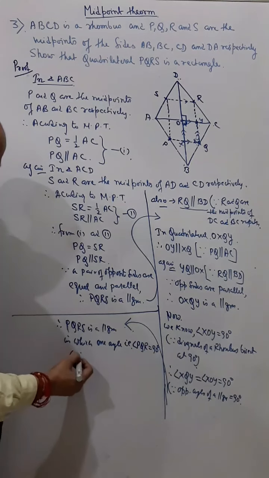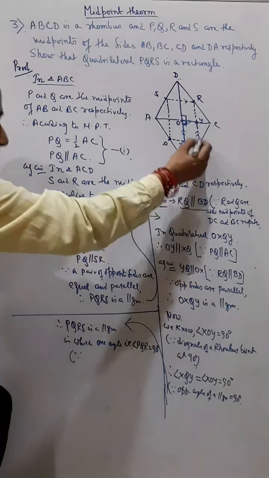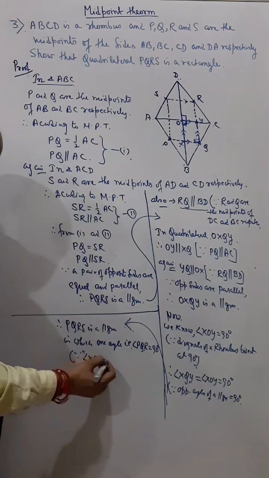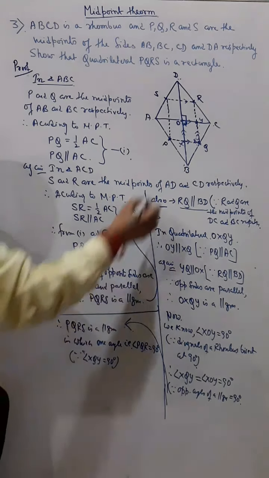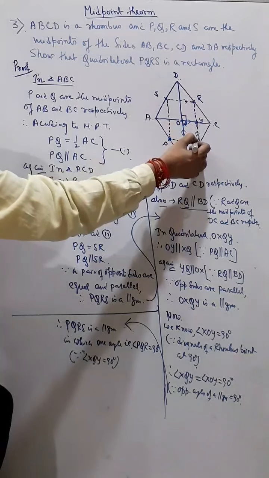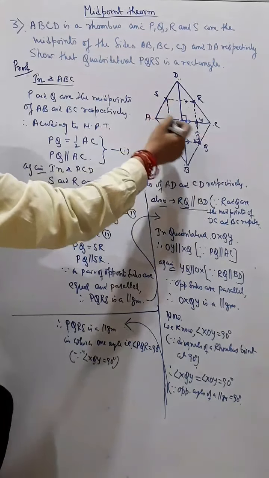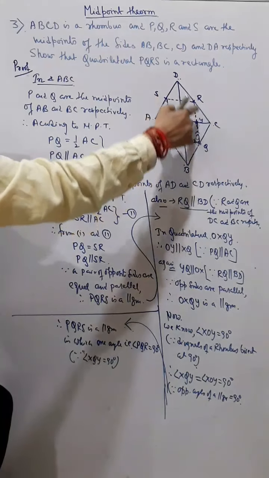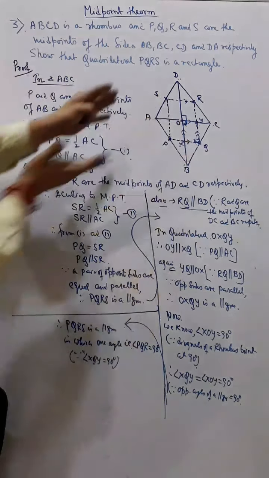Why? Since we got just now angle XQY is equal to 90 degrees, so if XQY is 90, then PQR is 90. And in a parallelogram, if one angle is 90, naturally all angles will be 90, otherwise it can't be a parallelogram.